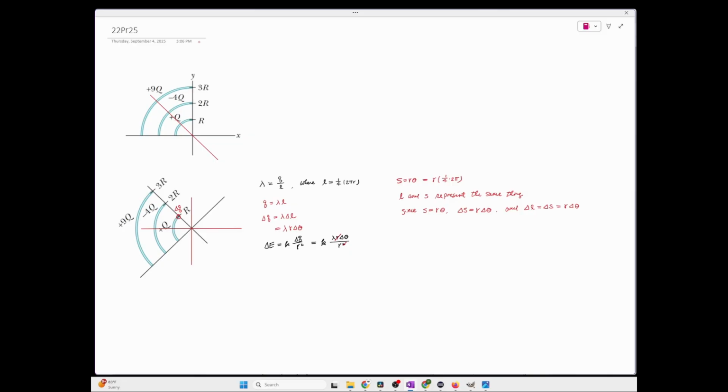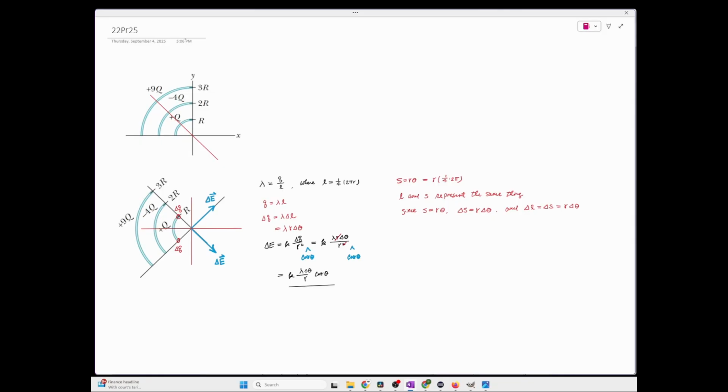In addition, since there is some symmetry, which means for every element that we looked at, there's one on the opposite side, the opposing components will cancel each other. And the surviving component is the component with the factor cosine theta. And therefore, the magnitude of the delta E is equal to K, followed by lambda delta theta over R, and followed by cosine theta.